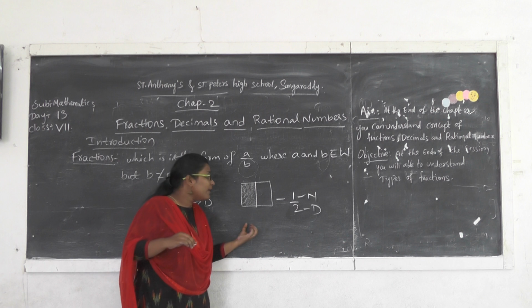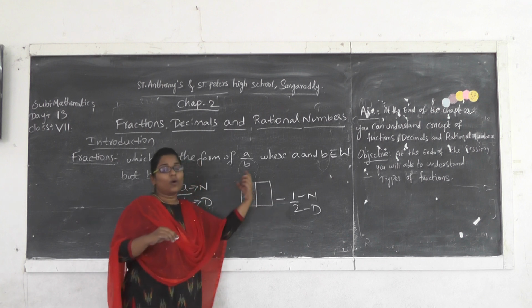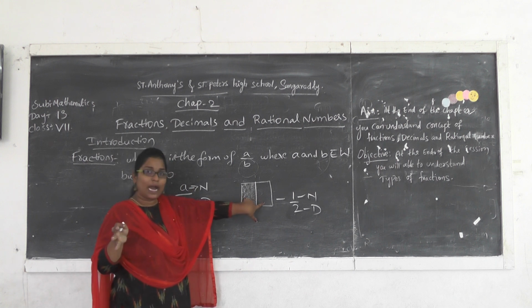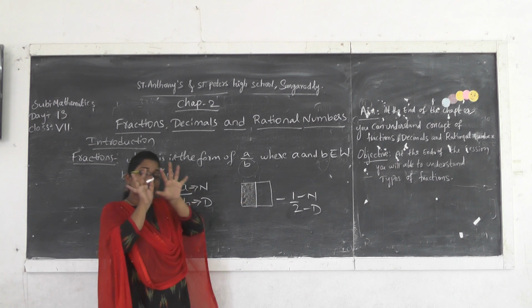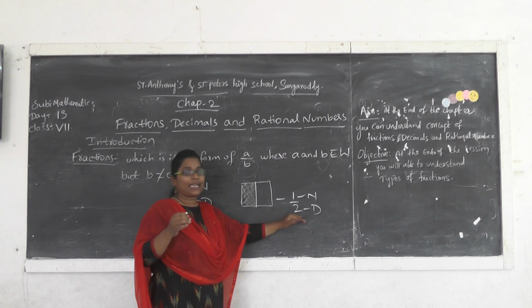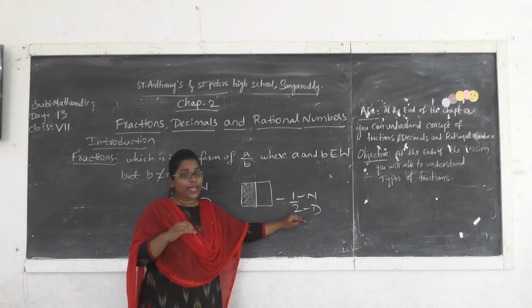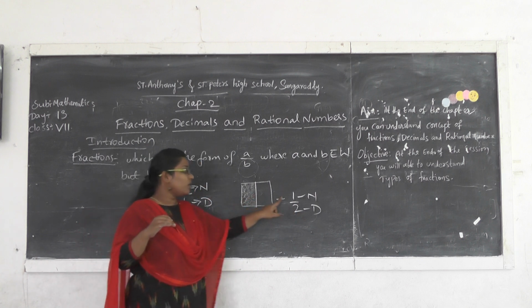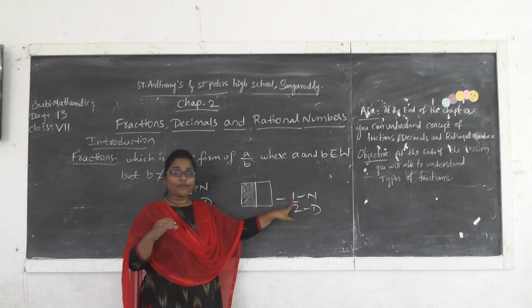Because how many parts was the total whole divided into? The total whole was divided into 2 parts, isn't it? So since the total whole was divided into 2 parts, that 2 should be written in the denominator. Out of those 2, how many parts were shaded? 1. So that 1 should be written in the place of numerator.